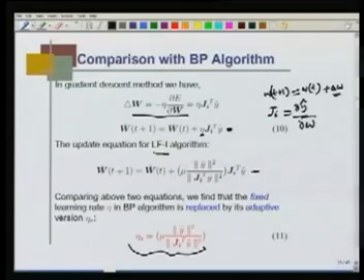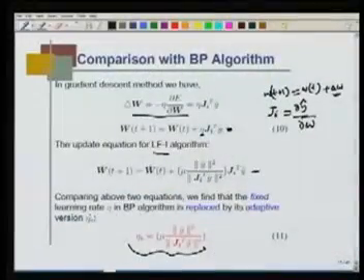That gives us a notion that using a Lyapunov function we can actually derive an adaptive learning rate, which is eta. So, comparing the above two equations, we find that the fixed learning rate eta in the BP algorithm is replaced by its adaptive version, which is eta adaptive.